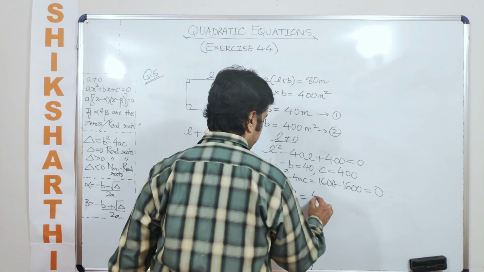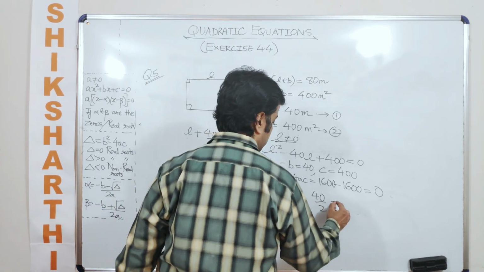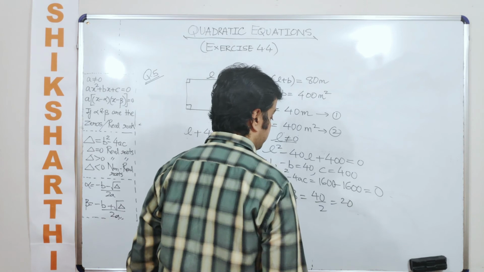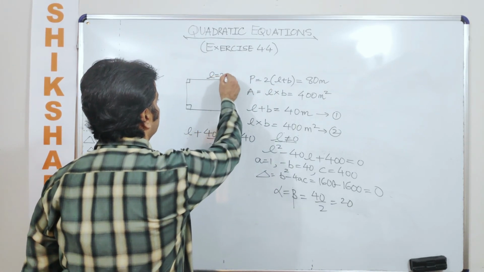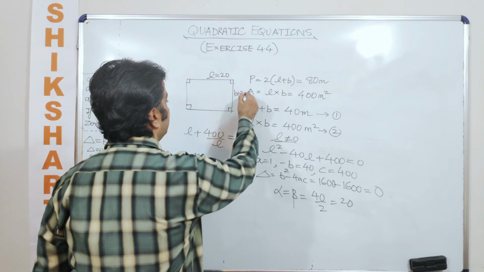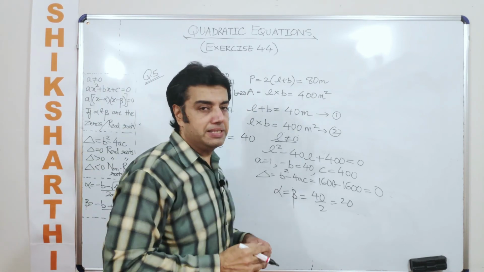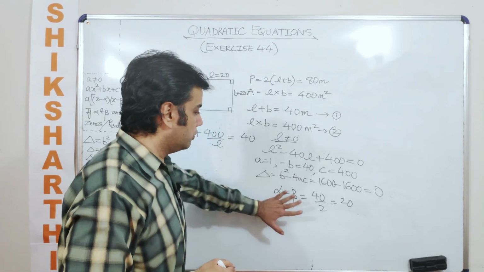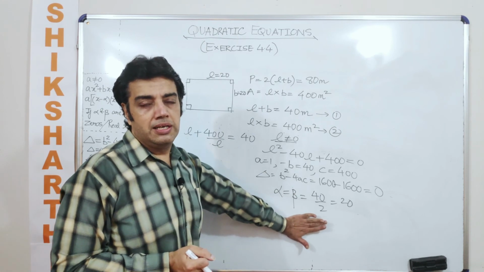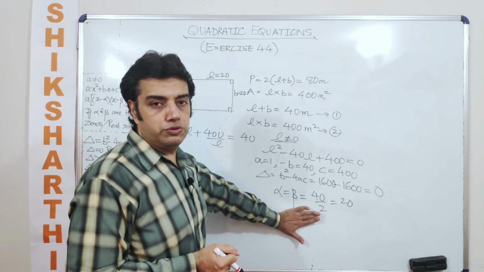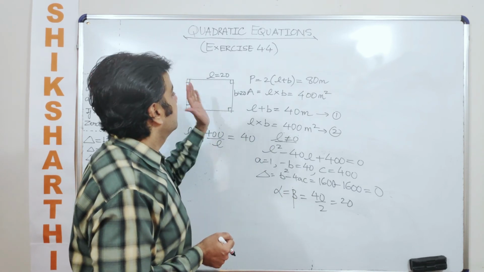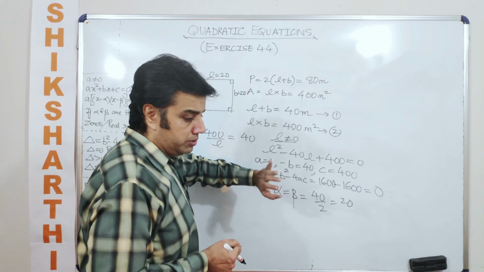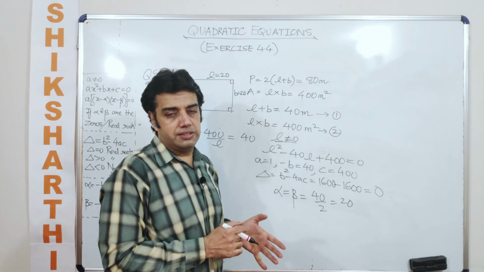Minus B by 2A, so minus B by 2 is just like saying 20. Now despite the fact that you are getting equal roots, you are getting both the values as 20, so it contradicts the basic information given in the question, because no doubt you are getting a real solution from here. After getting real roots, you will not say that it is possible, because then you need to see how truthful the information here is.